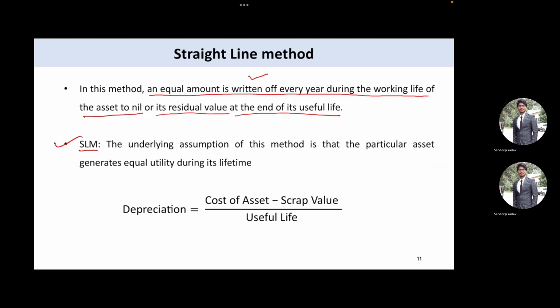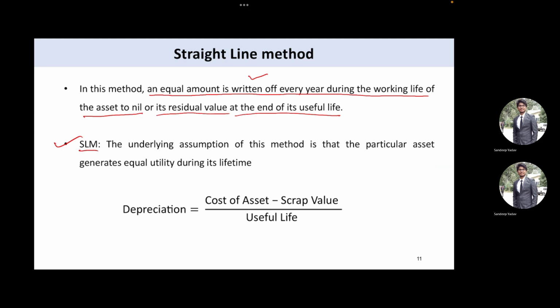The underlying assumption of this method is that the particular asset generates equal utility during its lifetime. Here we are assuming that our machinery or our product is giving an equal amount of utility, meaning usage or service, throughout its lifetime.